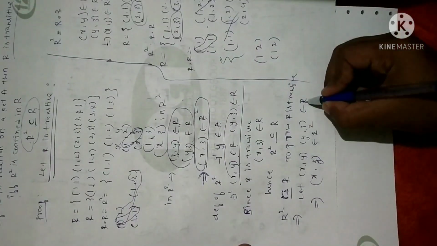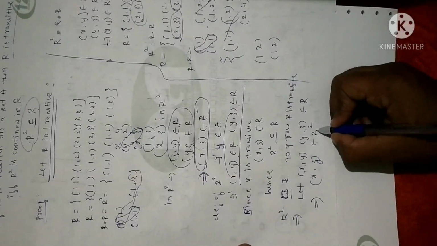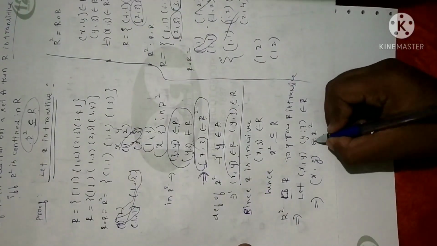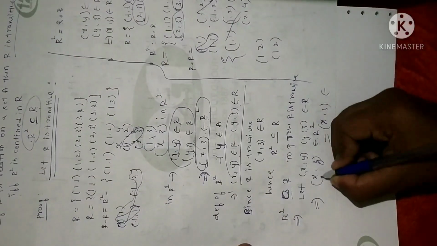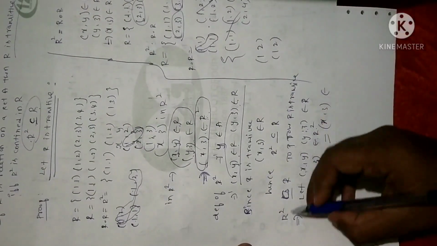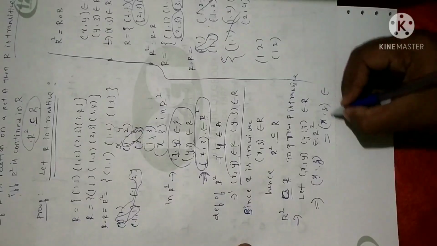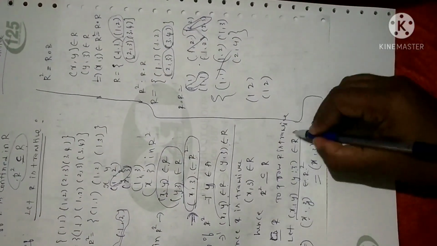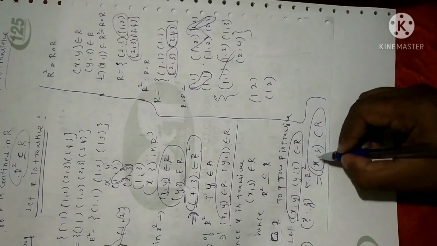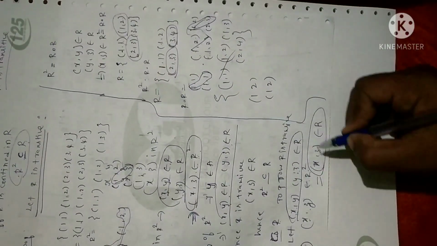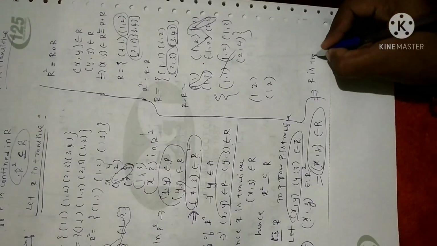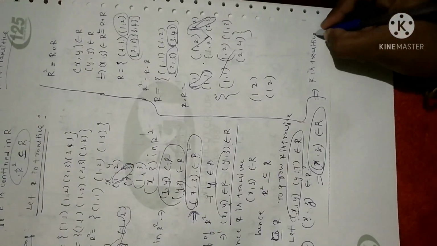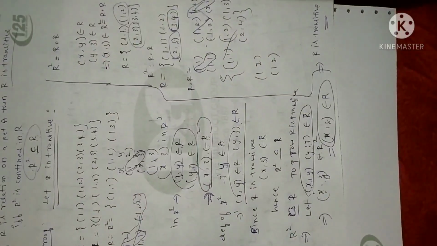So from these two conditions, if (x,z) is in R square, since R square is a subset of R, I can write (x,z) is also in R. Now from this condition and this condition, (x,y), (y,z) in R, (x,z) in R, it follows that R is transitive.